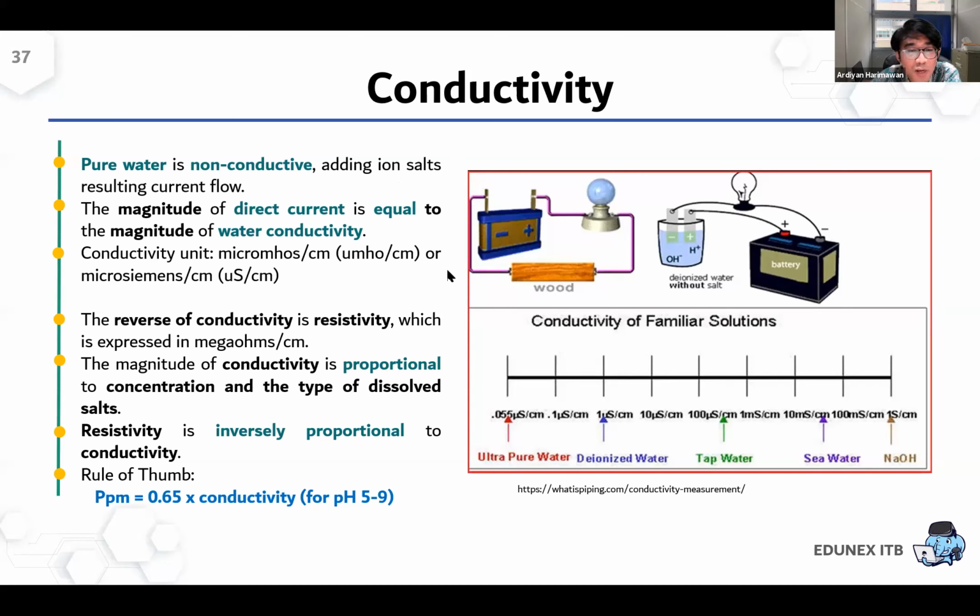Anyone can guess why you need to measure the conductivity? Sir, so we can know how much impurities are contained in the water? Yeah, why do you do the conductivity test?